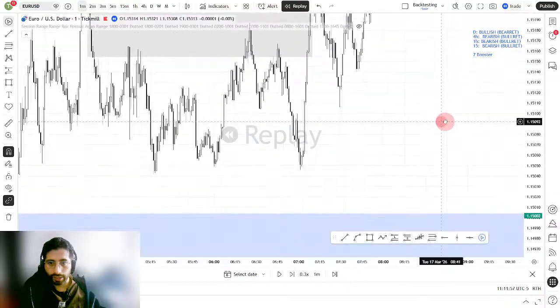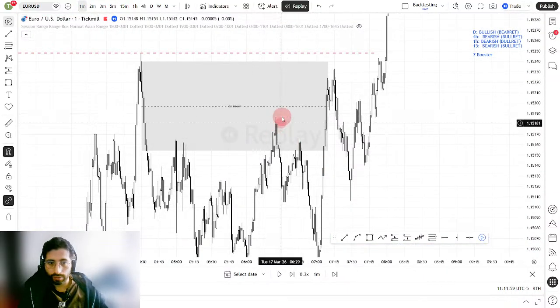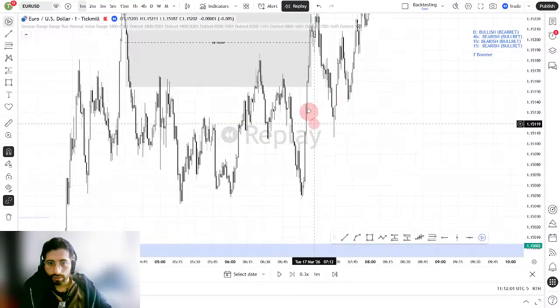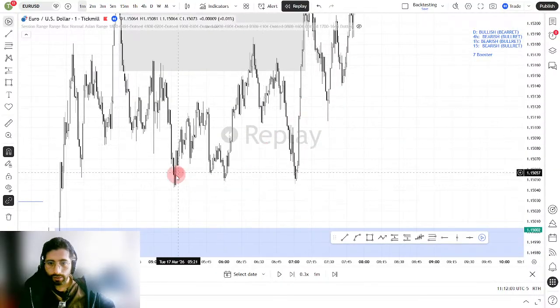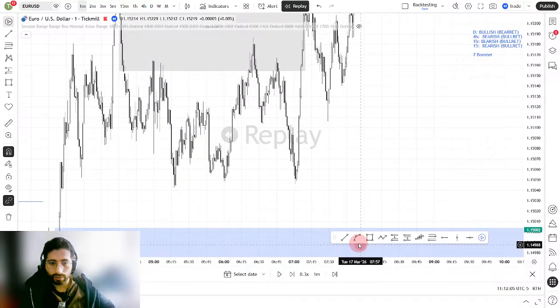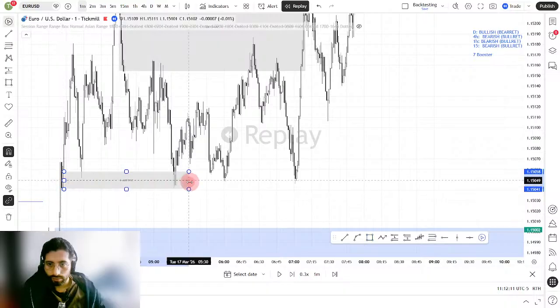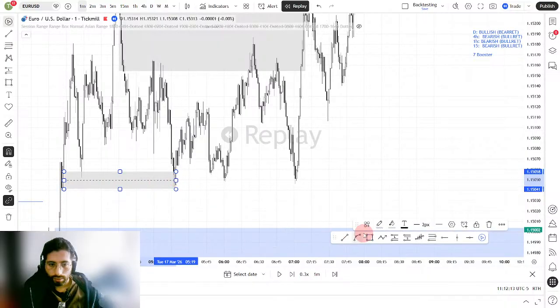Look, when the price enters this block with this movement, wow, what a beautiful order. Look, we have order flow here. Then we have a range beginning. For me, that was too much liquidity.